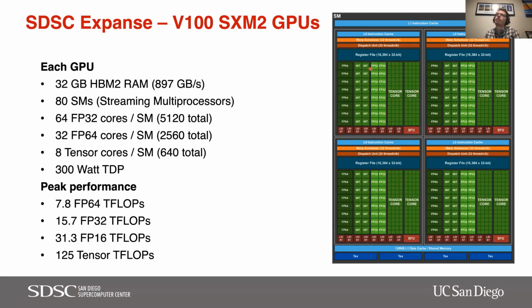Usually people talk about these individual cores here as a compute core, but they cannot operate independently. All of those have to do the same operation at the same time. So they work a little bit like the vector units on a CPU core, like the AVX 512 instruction units.